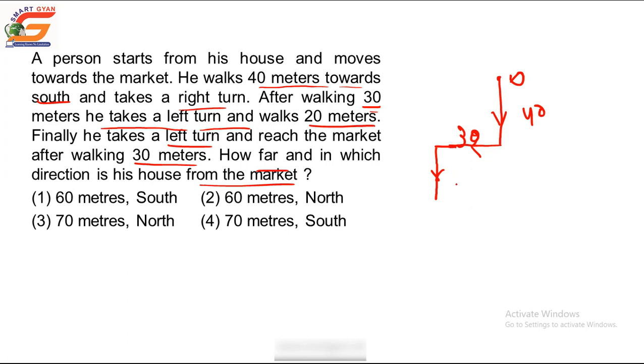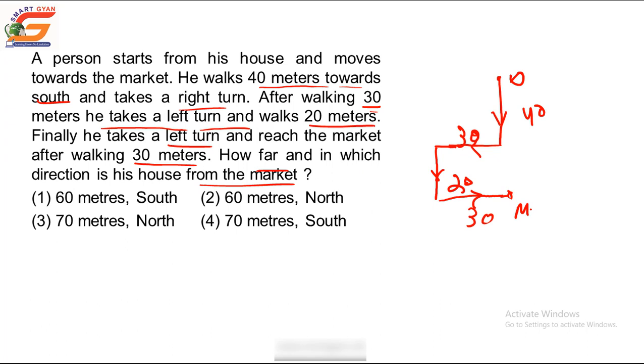Then he walks 20 meters. Finally, he takes a left turn, going this way, and walks 30 meters. So this distance is 30 meters. So he reached here. This is the destination, the market.